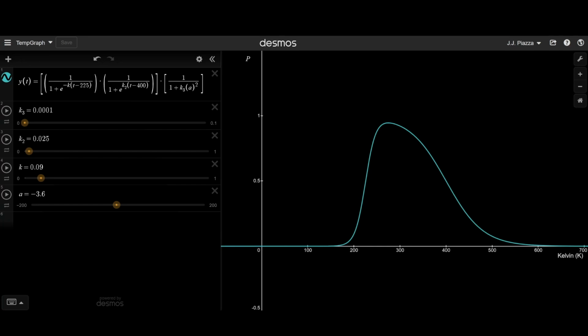And then we have A, which is representative of our flux. And so if I run the animation, we can see that the flux, as it increases either negative or positive, it reduces our penalty, which drives our probability of life being there lower.